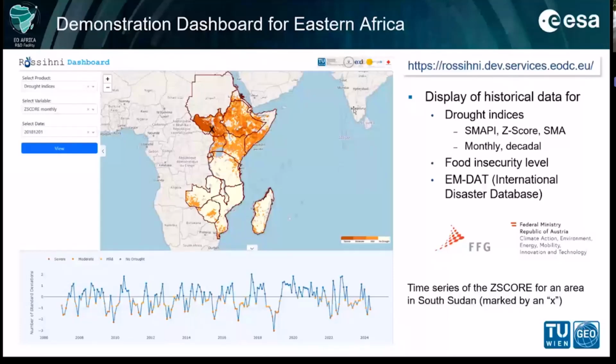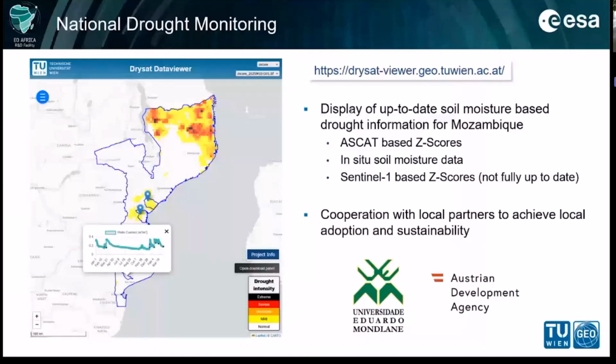If you would be curious how it looks for near real-time data, at the moment we have a project running in Mozambique, where we also implemented those chains to actually display the data in quasi near real time. If, for example, we look at the current conditions in Mozambique, we would find that the southern parts of Mozambique are actually pretty wet.